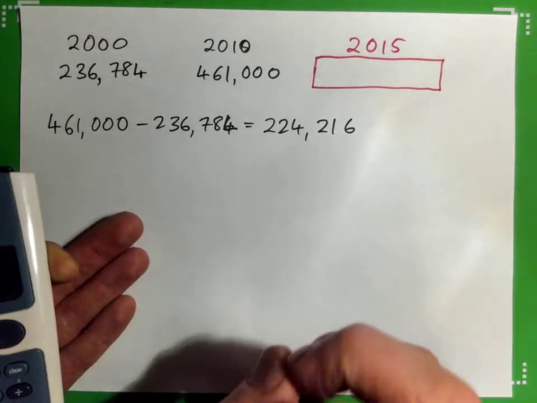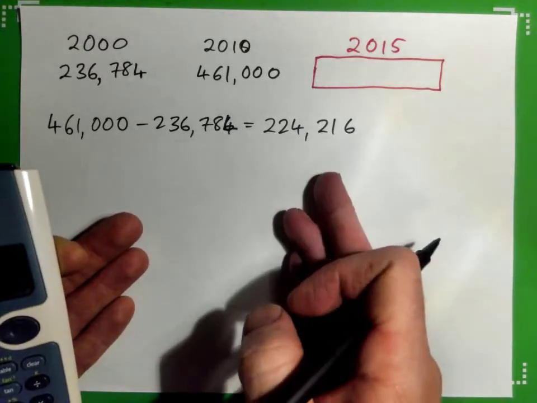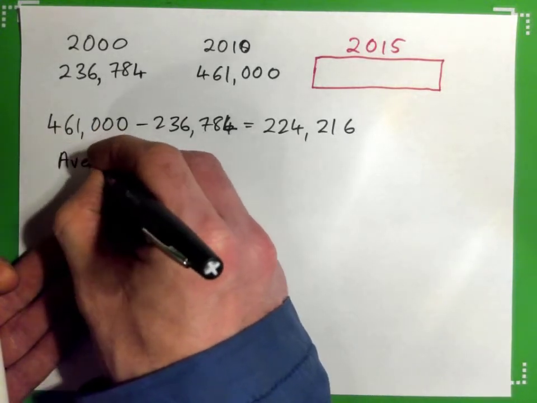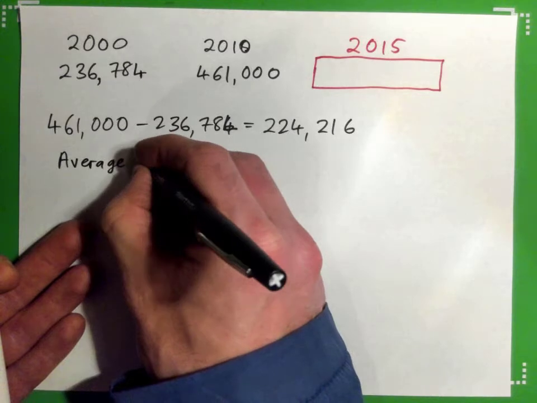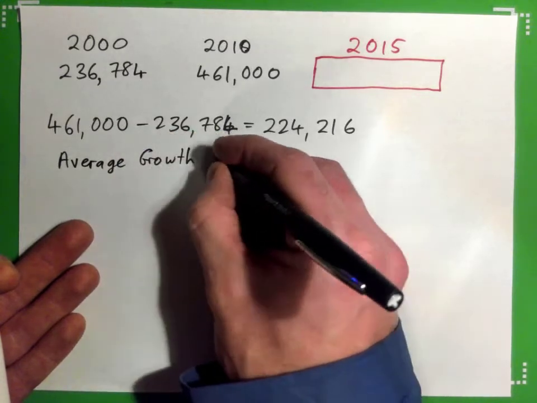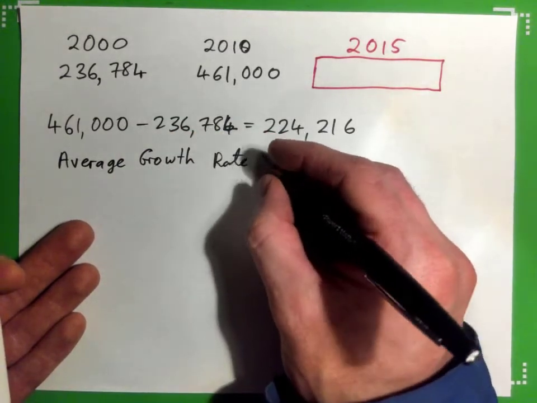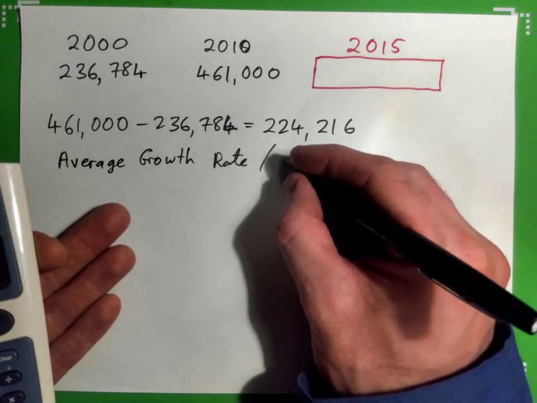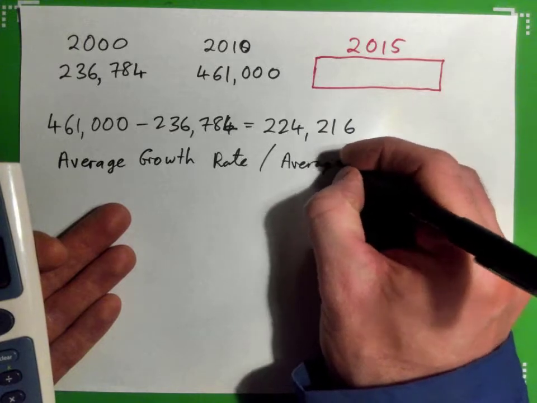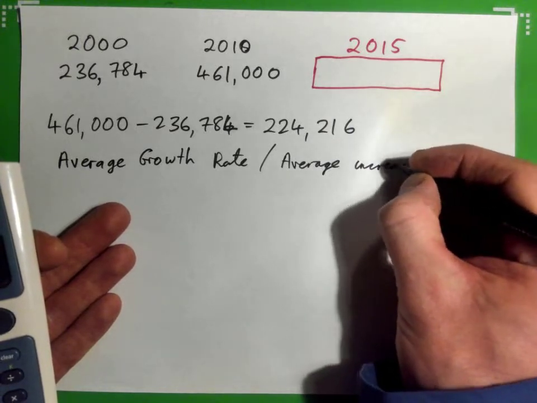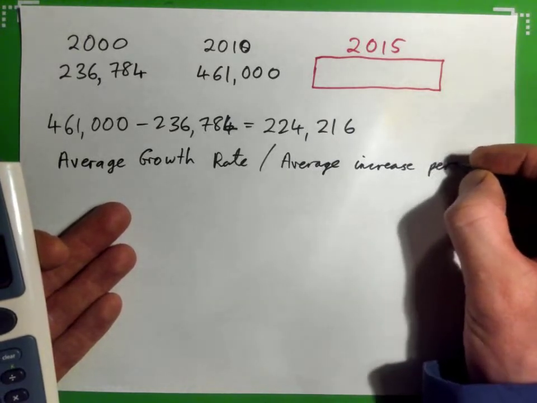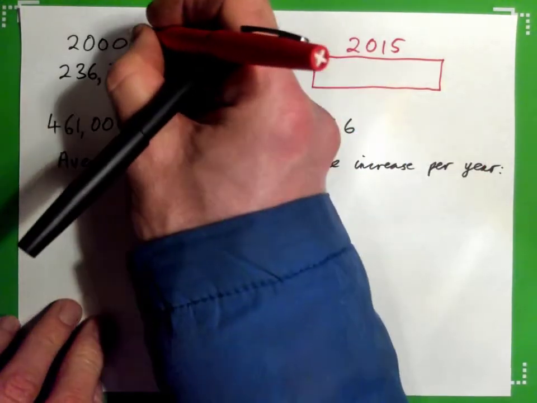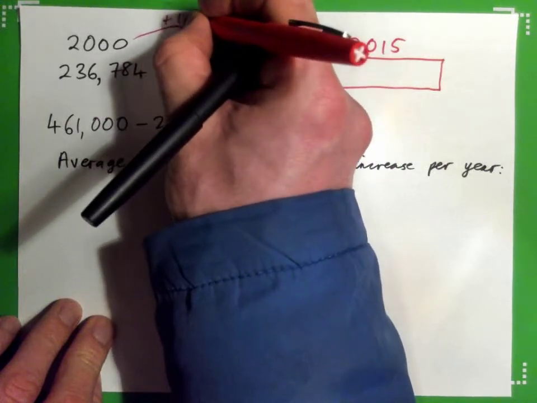Now, what was the average increase per year, though? In other words, what's the average growth rate? Which is 10 years. So from 2000 to 2010, it's been 10 years.